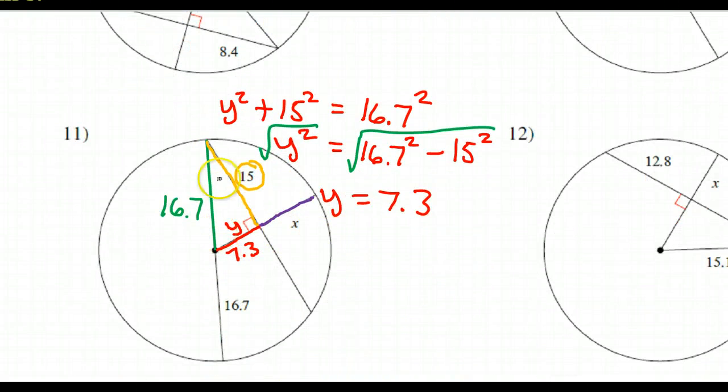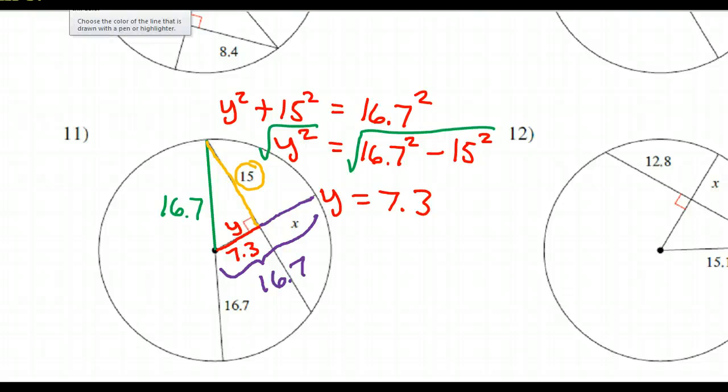Because I do know the whole thing. It's a radius. So I know that this whole radius is 16.7, just like this radius and this radius. So I should be able to subtract the 7.3 that I just found, and that will give me the missing piece. So that is one level higher, and I hope that you followed it.